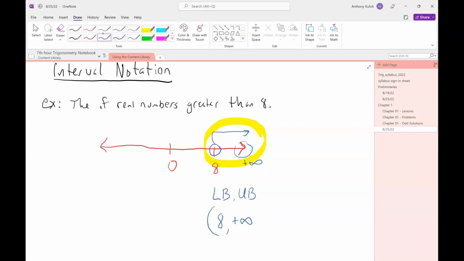My other bound is positive infinity. Is positive infinity a number? Is that something that x can equal? No, it's not a specific value, right? The infinities always get a parenthesis because they're not an actual number. Nothing can ever equal infinity. Everybody's cool?